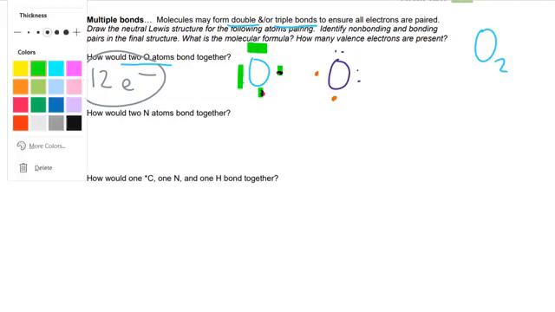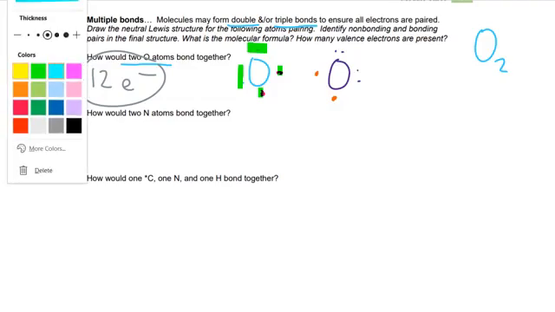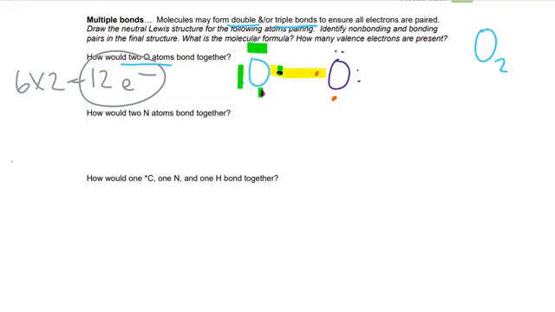Now what's going to happen here is we are going to pair up these unbonded 2 electrons and those unbonded 2 electrons to give us a structure that's going to be oxygen double bonded, with this oxygen having its 2 lone pairs and that oxygen having its 2 lone pairs.